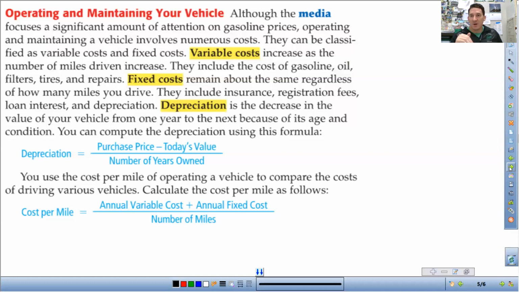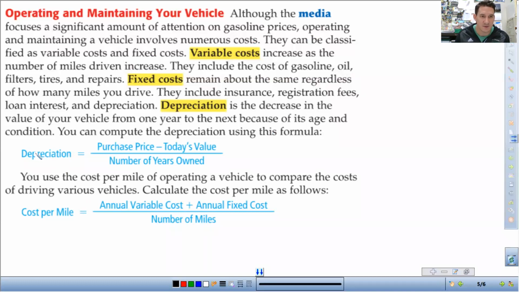The current value of your car, you wouldn't calculate yourself. You can look it up in the Kelley Blue Book or online, or if you go to trade in a vehicle at a dealership, they'll tell you how much they're willing to pay for it. But it's never going to be what you paid for it, because cars lose value.